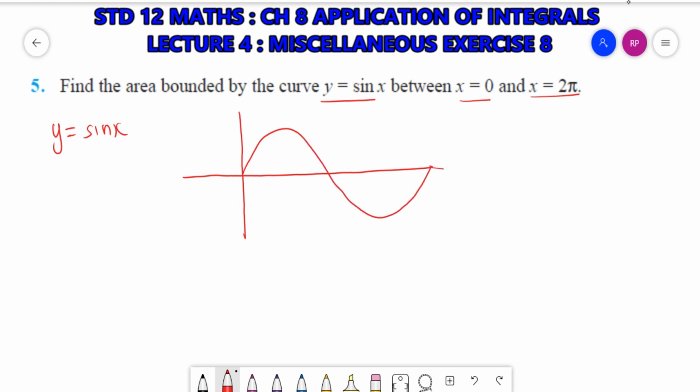When the value of x is 0, sine 0, that y is equal to 0. When the value of x is pi by 2, sine pi by 2, that is 1. So this is maximum. When value of x is pi, sine is 0, so y is 0. When value of x is 3 pi by 2, at that time sine 3 pi by 2 is minus 1.